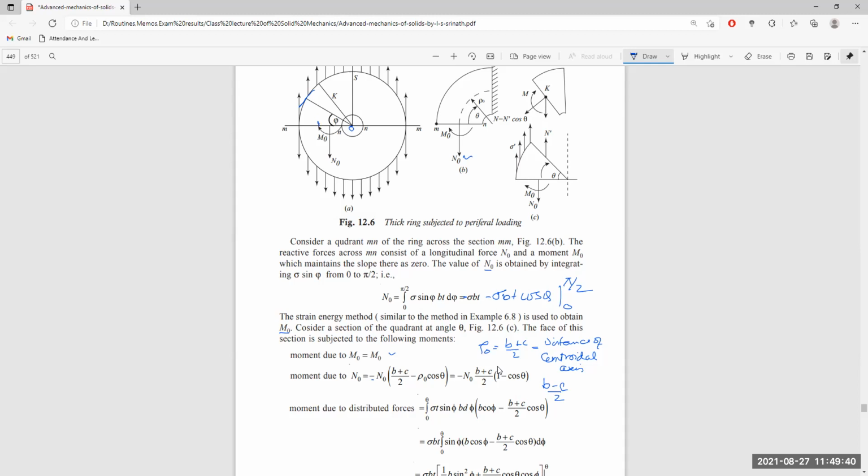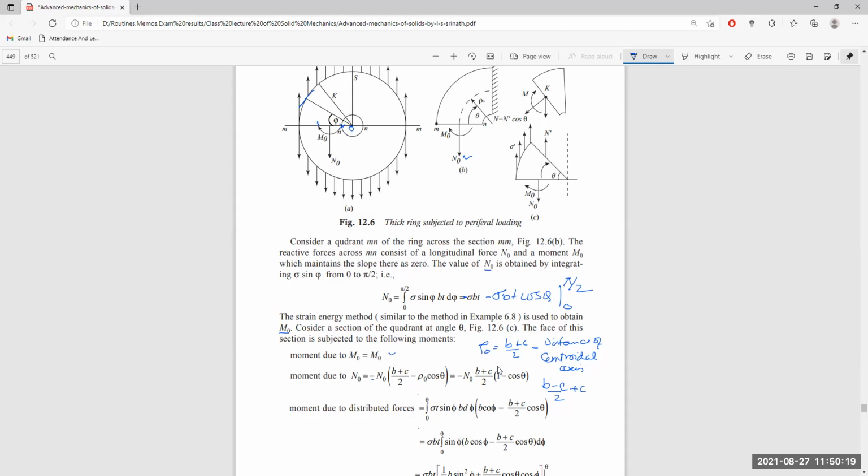Then we have to add C, the radius of the inner hole. So B minus C by 2 is the distance of the central line from this particular point, which is the point of intersection of the line MN with the circumference of the inner hole.